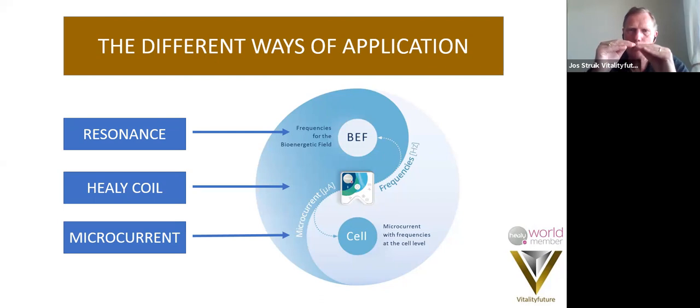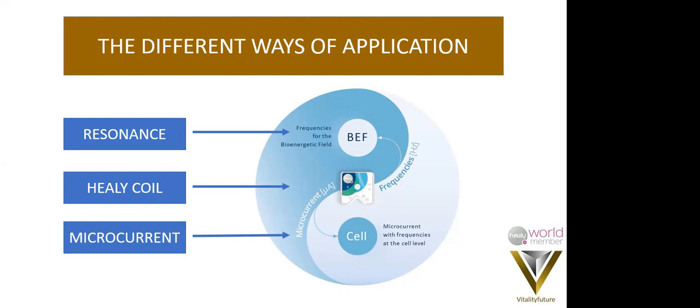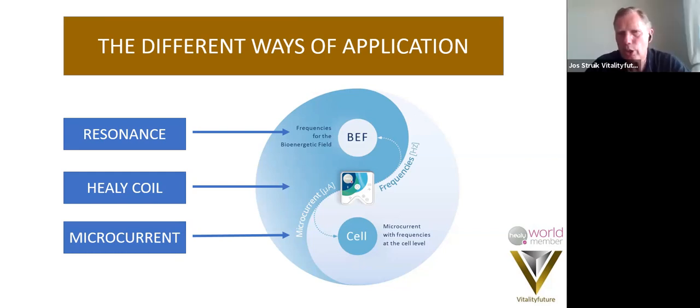Changing that plus and minus is a physical process, and that is the way cells open and close. So that's also a biomagnetic exercise, actually. There's energy being used to open it up and close it again. So with the Healy coil, we create a current.